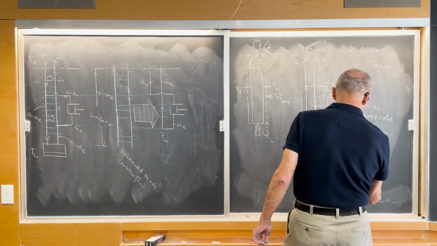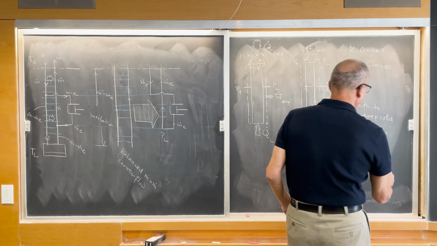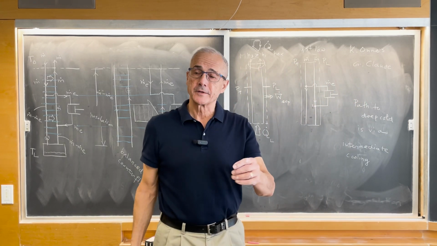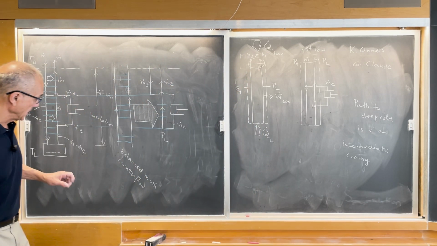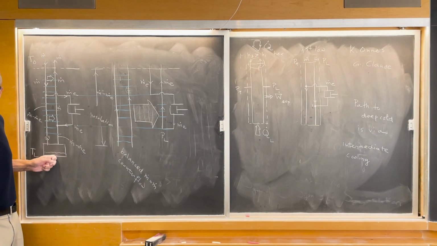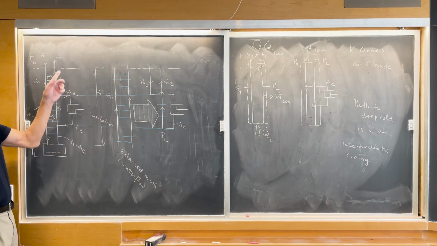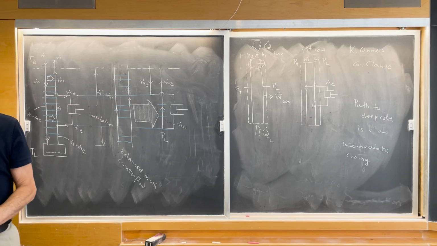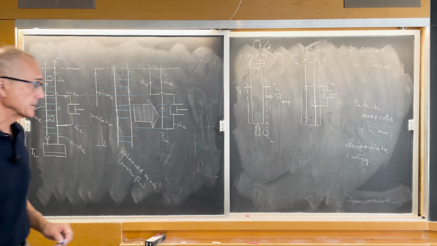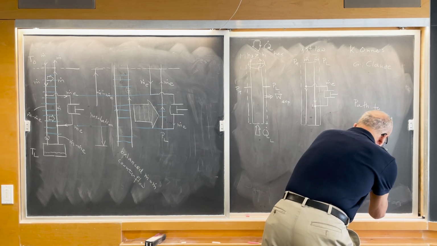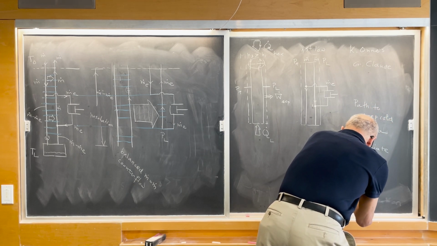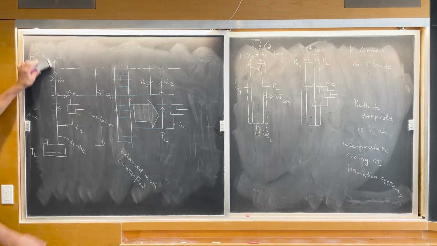Intermediate cooling of what? Of the insulation system that separates the object of the game, which is the bottom end, from the world where we live. So the intermediate cooling of insulation systems.